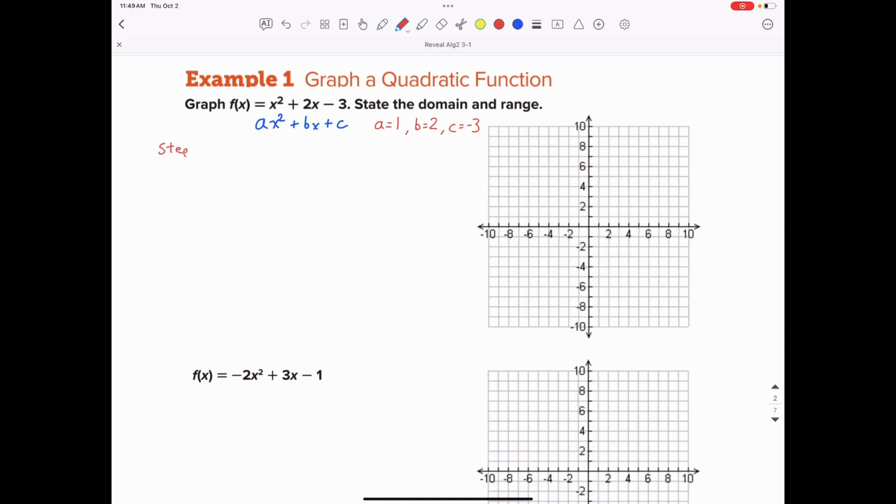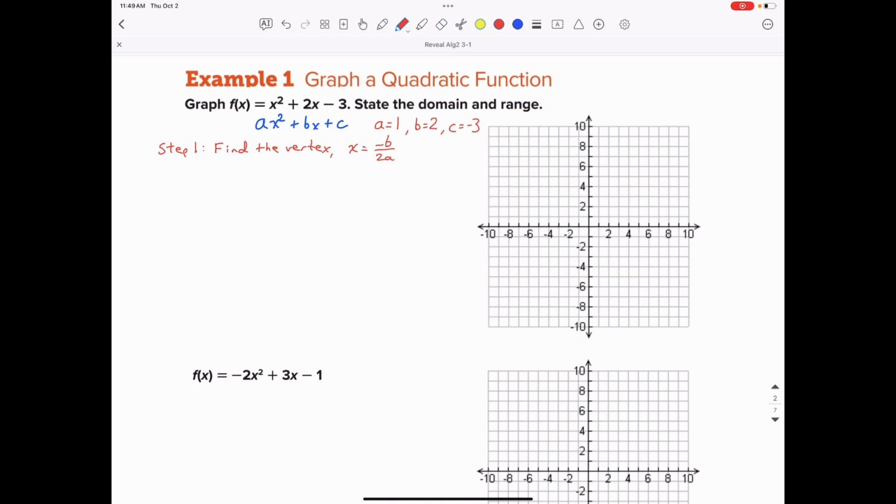All right, so it's an easy 3-step process. Step number 1 is to find the vertex, and we find the vertex using the vertex formula. The vertex formula is the x value of the vertex equals negative b over 2a. Become very familiar with that. You're going to use that a lot.